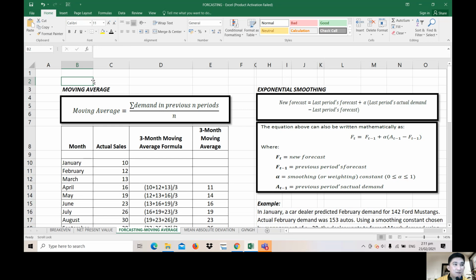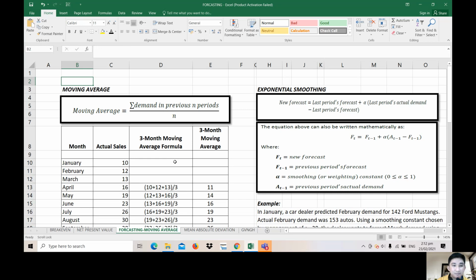A 4-month moving average is found by simply summing the demand during the past 4 months and dividing by the moving average, or 4. With each passing month, the most recent month's data are added to the sum of the previous 3 months' data and the earliest month is dropped. This practice tends to smooth out the short-term irregularities in the data series.